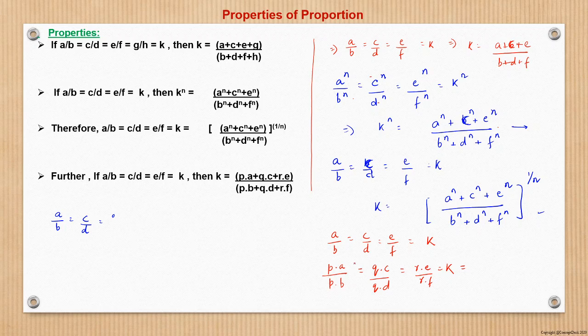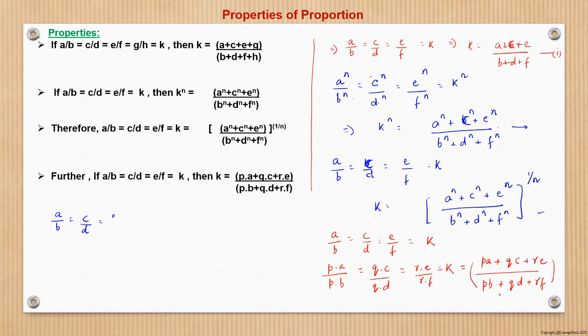So now, if I take an analogy from the first equation, from equation 1, if this is the ratio of some general form, a by b is equal to c by d is equal to e by f is equal to k, then k can be written as p times a plus q times c plus r times e upon p times b plus q times d plus r times f, right? This is what. So now see what is the difference.